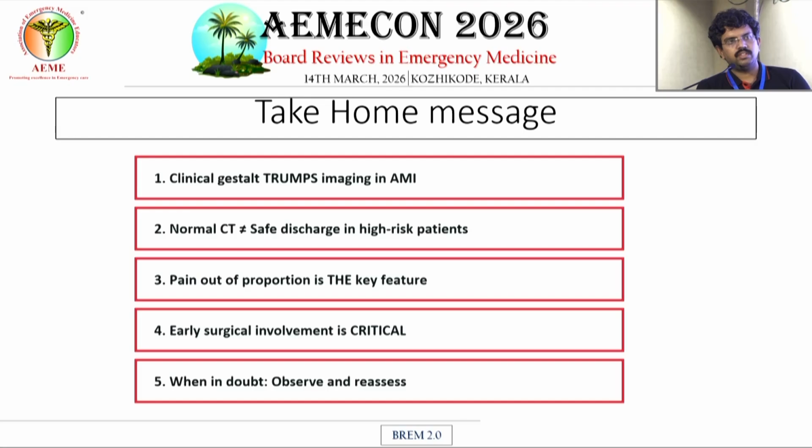When the scan was done, there was frank mesenteric ischemia. He was taken to the OT. There was extensive bowel gangrene. They did decompressive damage control surgery and posted for revascularization once the patient was hemodynamically stable, but unfortunately he succumbed to death. So it is a very high mortality condition.